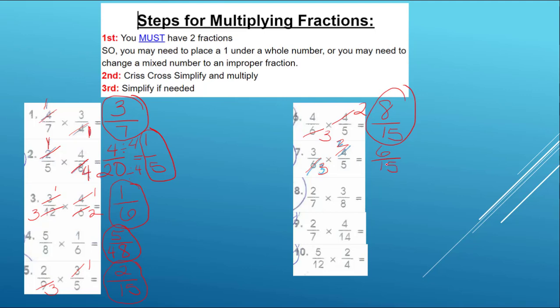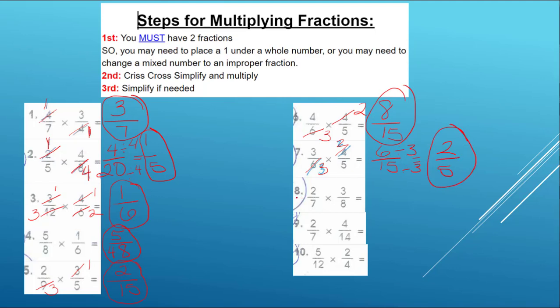Now let's see if we can simplify. And we can. Both of those can be divided by 3. So whatever I do to the top, I have to do to the bottom. 6 divided by 3 is 2. 15 divided by 3 is 5. So now I have simplified.